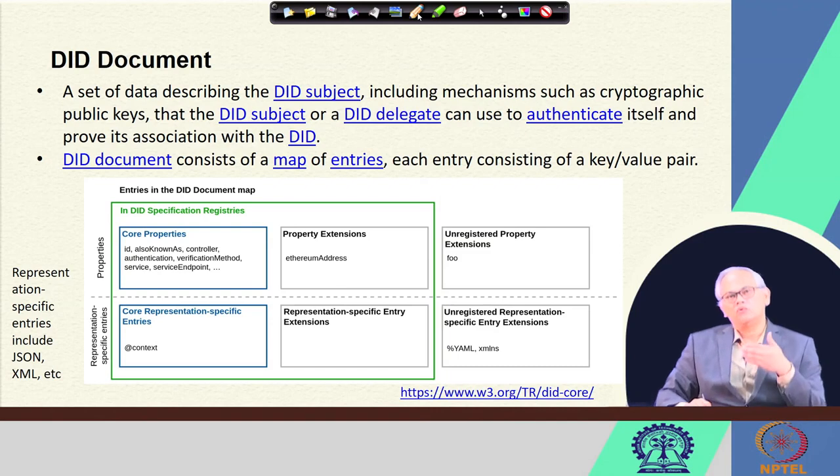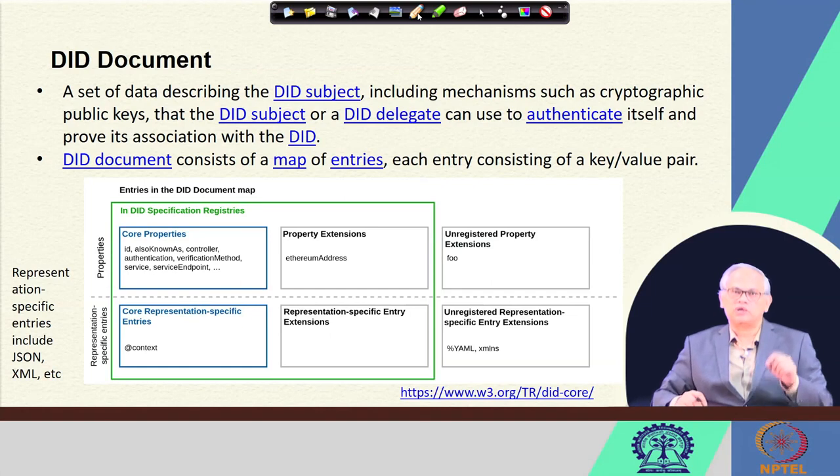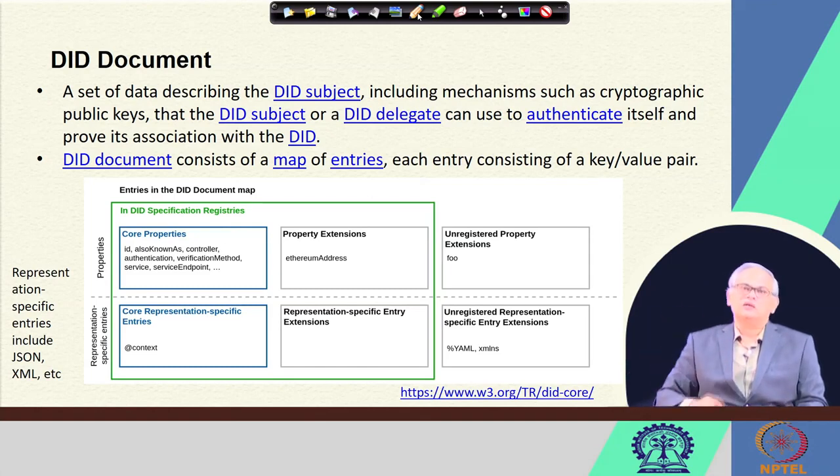Similarly, if some subject is presenting an identity, and if they can encrypt some data with their own private key, that is the private key of the subject to whom this particular DID refers, then any verifier can decrypt that with the public key of the subject, and then it would be proved that indeed that particular DID or that identity was actually issued to that particular subject.